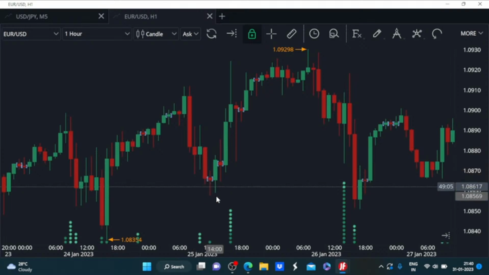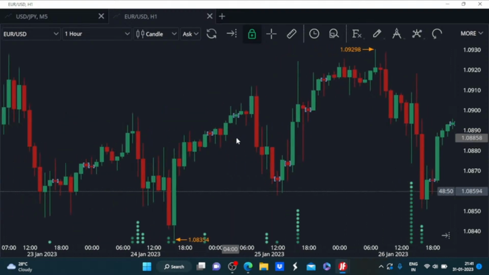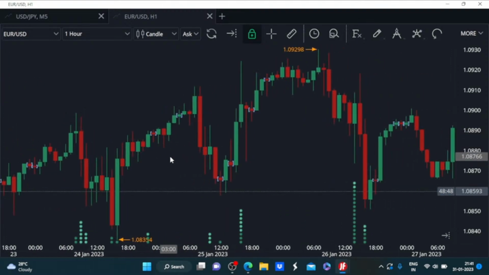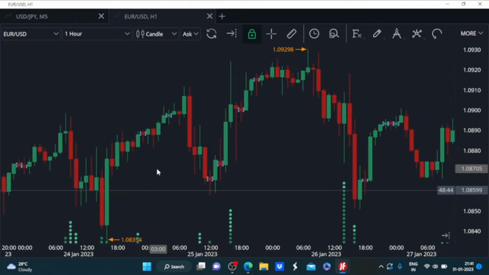Its upper shadow and the lower shadow is not really long enough, so it was better to be overlooked, even though the reversal did start here. Same thing we can apply for all these formations where we have to define the context and then take the decision of whether to utilize this formation or whether to omit it, whether to overlook it.